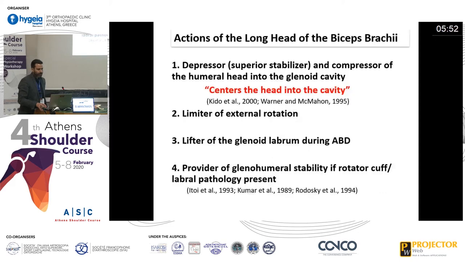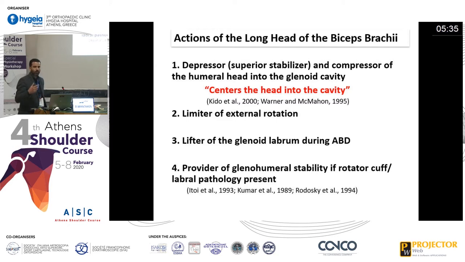Its main actions: it's a superior stabilizer. It actually centers the head into the cavity. It's a limiter of external rotation, lifts the glenoid labrum during abduction, and provides glenohumeral stability if rotator cuff and labral pathology is present.